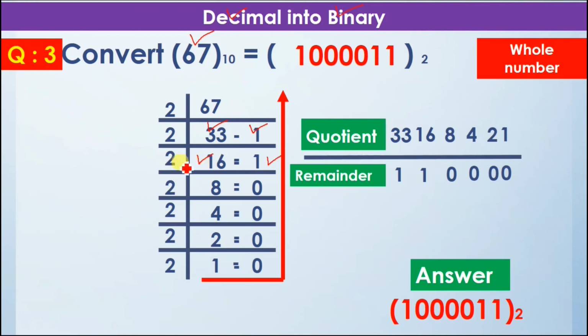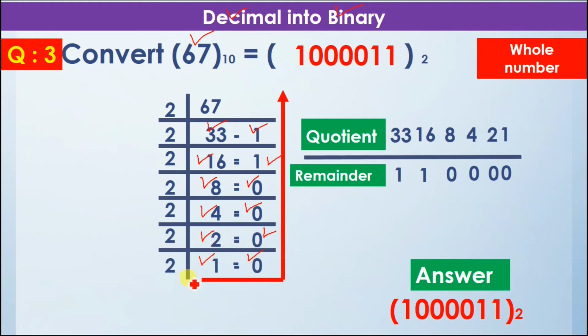Next 16 is divided by 2, so quotient is 8 and remainder is 0. Next again we divide, so quotient is 4 and remainder 0. Then again 4 divided by 2, quotient is 2, remainder is 0. When we divide 2 by 2, we have the quotient 1 and remainder 0.